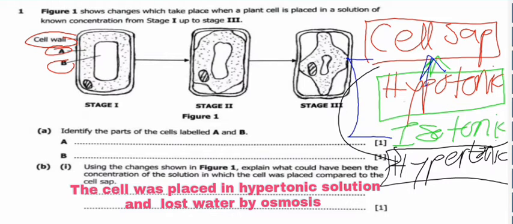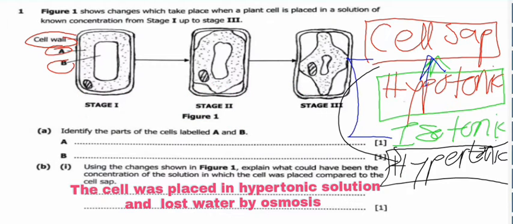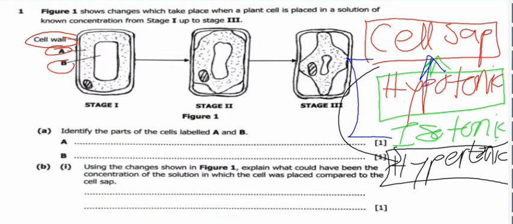Now, when a plant cell loses water by osmosis, it undergoes what we call plasmolysis. Plasmolysis leads to dehydration. When a plant becomes dehydrated, it is going to become wilt.